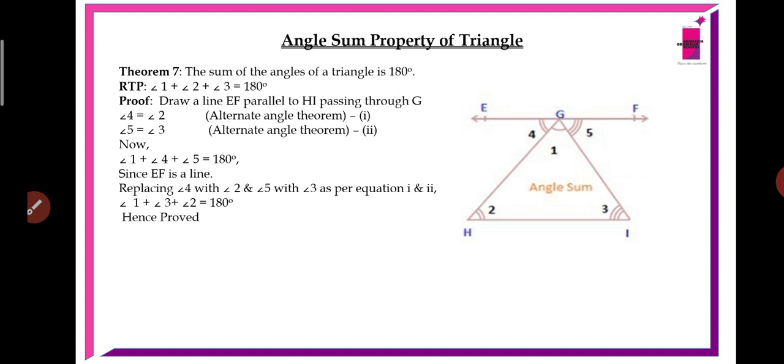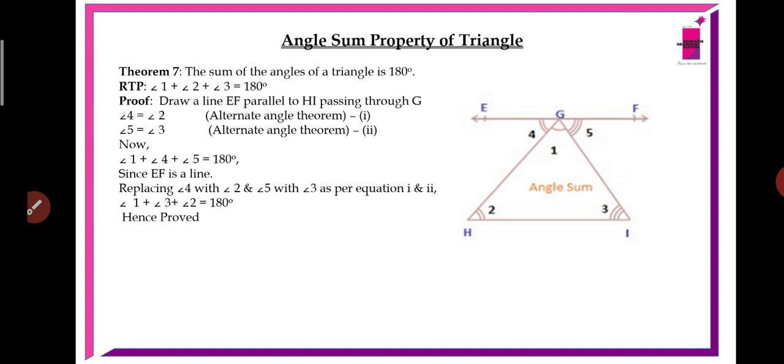Because the given data is not sufficient to prove this theorem, we have taken a line parallel to HI passing through G. So EF is parallel to HI. If you consider GH as a transversal, then angle 4 equals angle 2 as they are alternate interior angles.